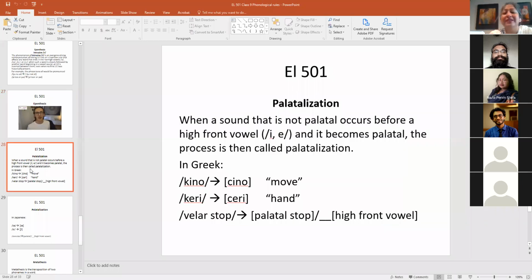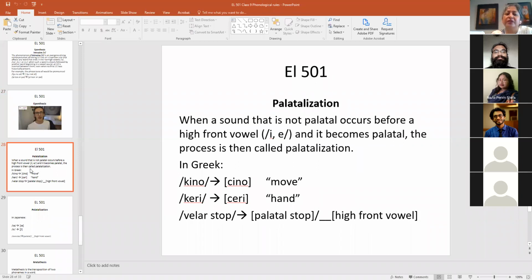All right, we're coming to the last of the main phonological processes. It's called palatalization. Now, when a sound that is not palatal occurs before a high front vowel, so the high front vowels can either be E or I, and it becomes palatal, the process is then called palatalization.